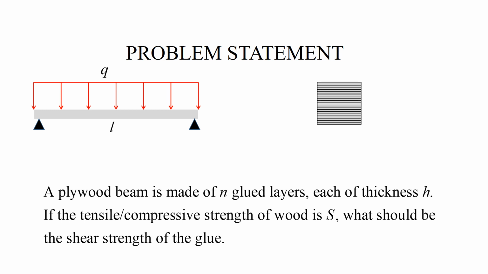Each layer has thickness h, and the wood has strength S, and we do not differentiate between tension and compression. And our task is to determine the minimum required strength of the glue.